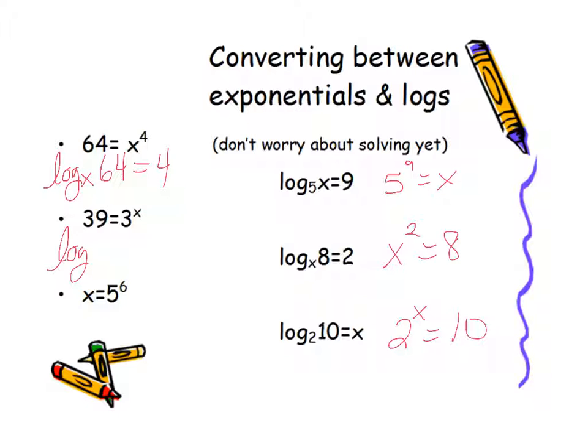The base is 3, so log base 3 of 39 equals my exponent. You do the next one. Log, the base is 5, of x equals my exponent.